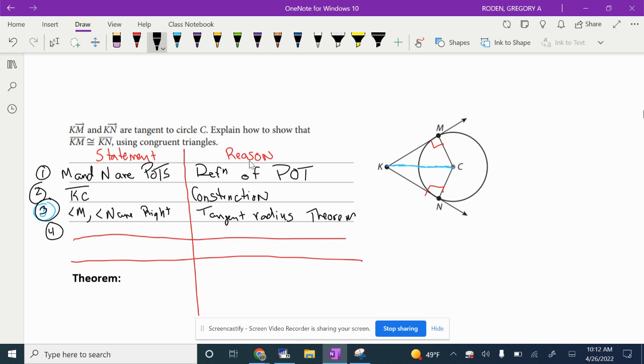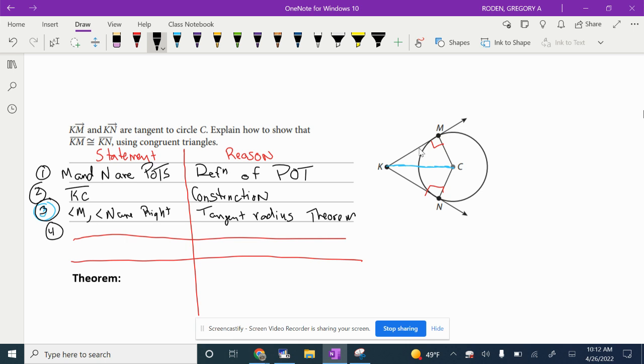Do we know that? No, I don't know if we know that yet. It's probably very true, and in fact, it's absolutely true, but we don't know that it's true yet. Once we prove these triangles are congruent, then it's going to make it true, but we can't say that yet.